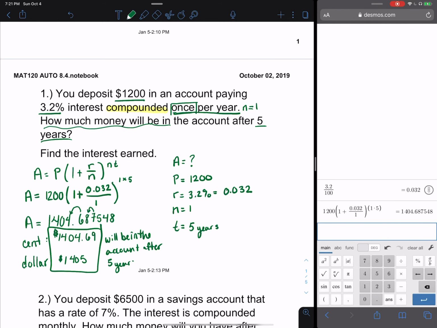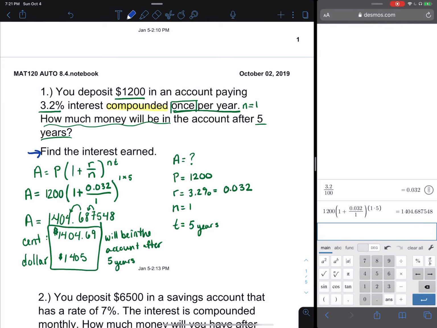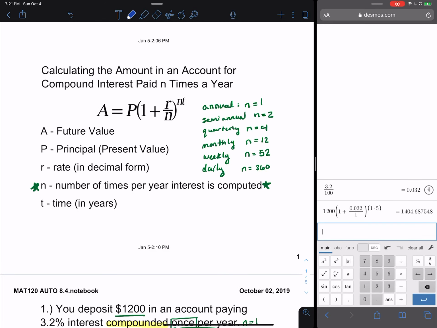They also ask us to find the interest earned. Now notice, if we look back up at our equations for compound interest, there's no I, right? There's no interest. So we have to use what we already know.